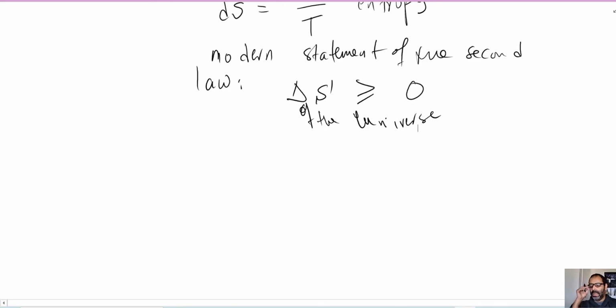Another way of expressing it, if you use statistical mechanics, is that the entropy is related to the number of microstates.